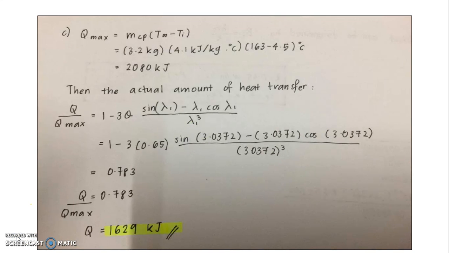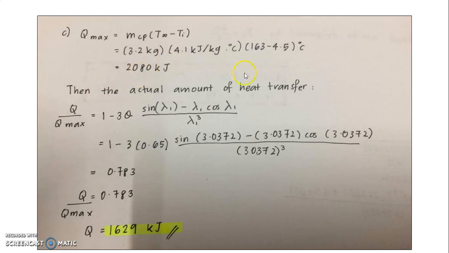For part C, we want to find the amount of heat transferred to the rib. But first, we will find the Q maximum. That can be done by using this equation, m Cp (T ambient minus T initial). We substitute all the information given and we will get the Q maximum as 2080 kJ.